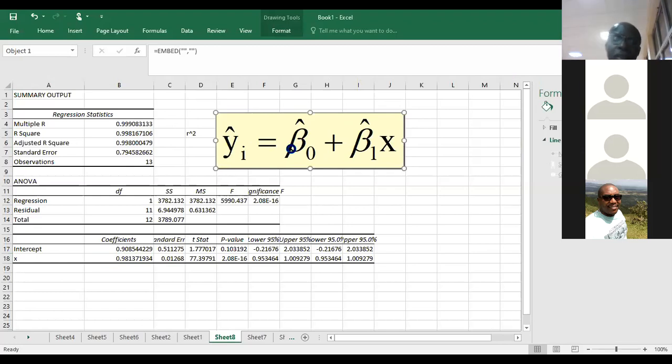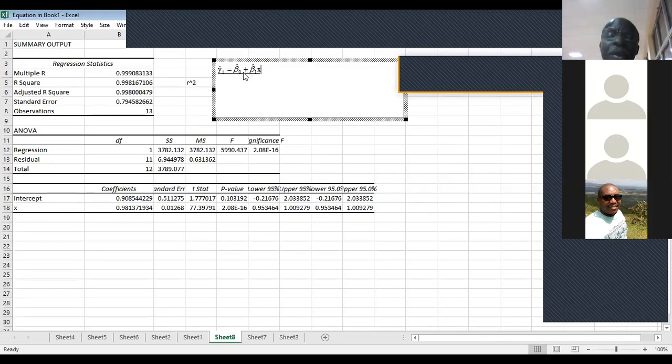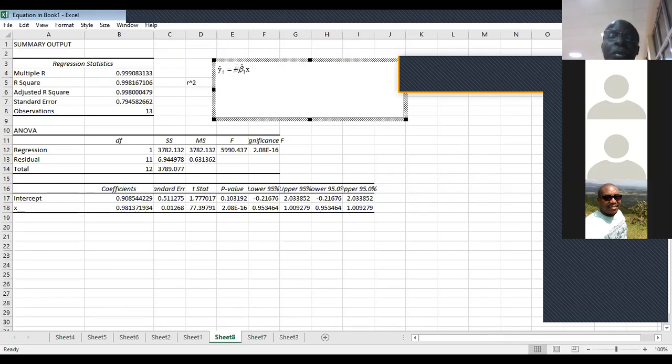Now you will come here and say, what is beta naught here? Can somebody read it? What's beta naught cap? "It was 0.908, the intercept." Yes. Good. 0.908. What's beta 1 equal to? "0.981." 0.981.